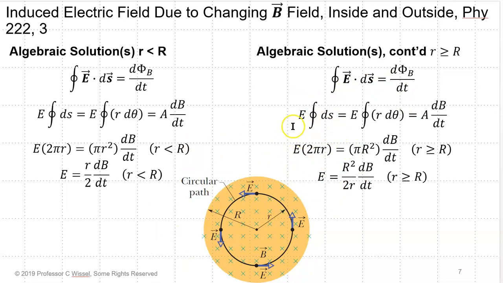So E times the integral of ds is E times the integral of r dθ, and that has to equal A dB/dt. So this evaluates as E times 2πr, where this is the circumference, and that equals πR², which is the area, times dB/dt. So when you're outside the magnetic field, E equals R² over 2r times dB/dt.